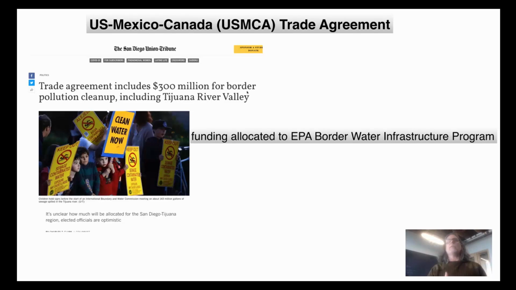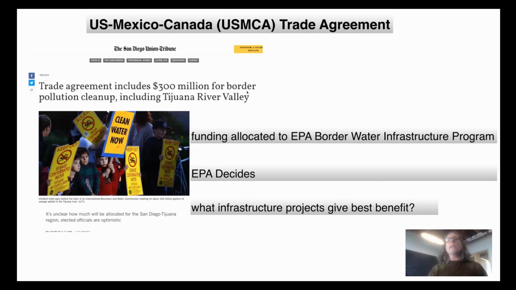The EPA's Border Water Infrastructure Program is going to try and figure out what kind of infrastructure projects to develop so that we reduce the amount of raw sewage that enters into the ocean. The EPA gets to decide, but the immediate question that came up is, what infrastructure projects would give the best benefit, either in terms of reduced swimmer illness or reduced numbers of beach closures?